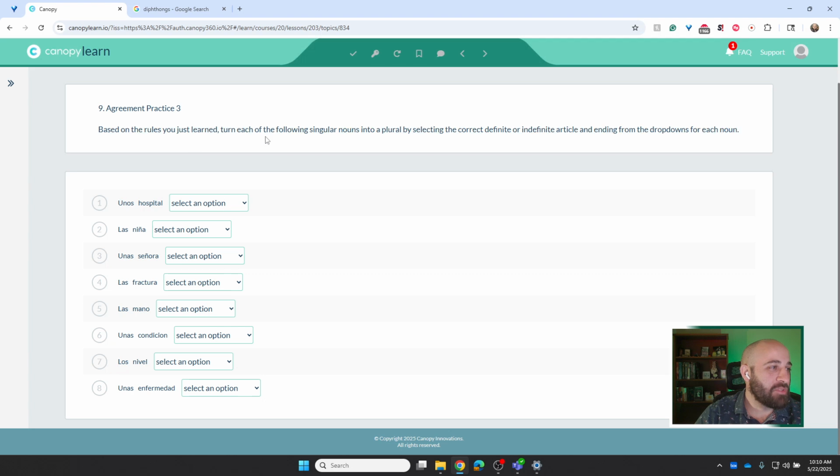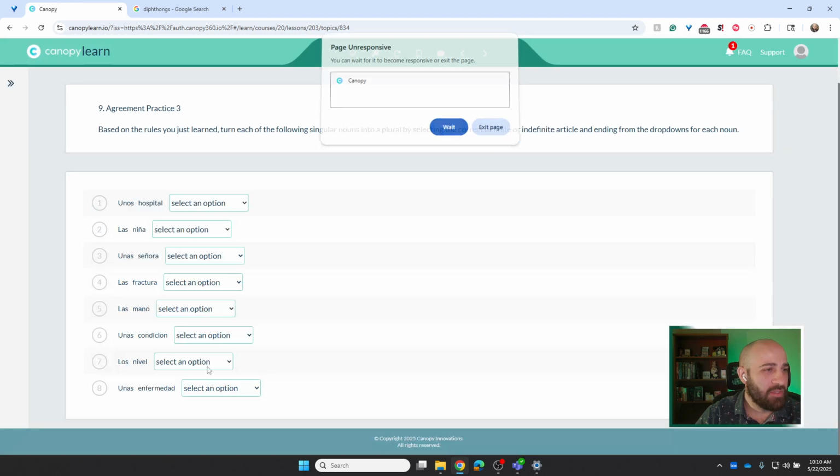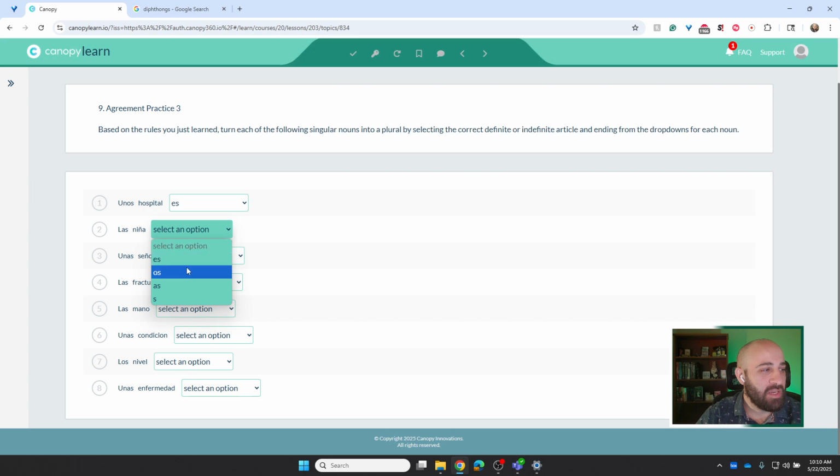Based on the rules you just learned, turn each of the following singular nouns into plural by selecting the correct definite or indefinite articles and ending from the drop downs for each noun. I'm just going to ignore this. No, I'm not, because I need to interact with the page. Unos hospitales. Las niñas. Unas señoras.